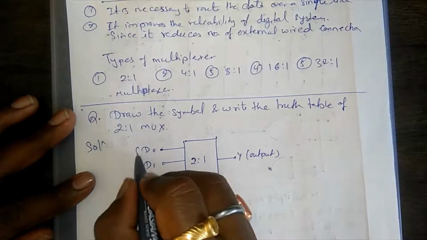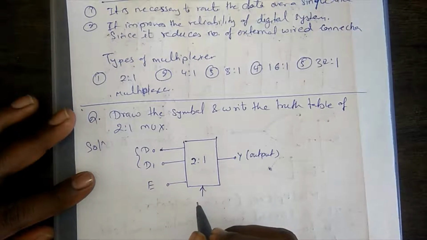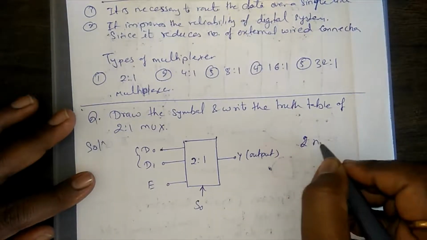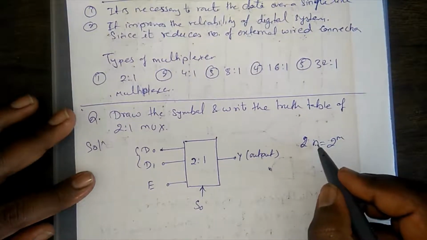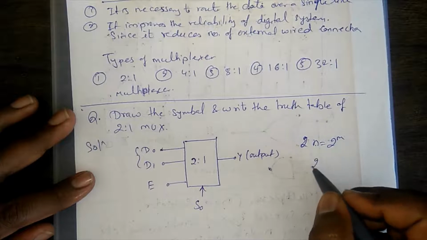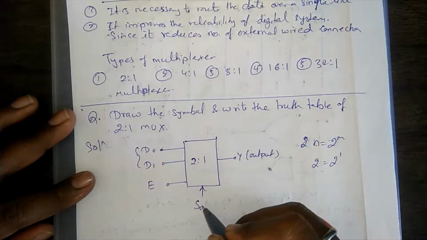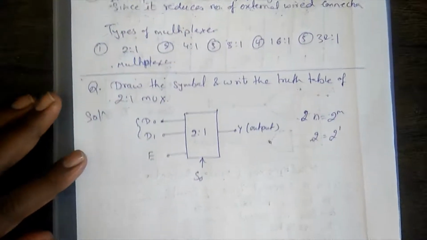Okay, these are the two data pins, and here only one select line, S0. Because n equals 2 raised to m. So what is n? n is 2, so 2 raised to m. m is what? Select lines. So that's only one select line.